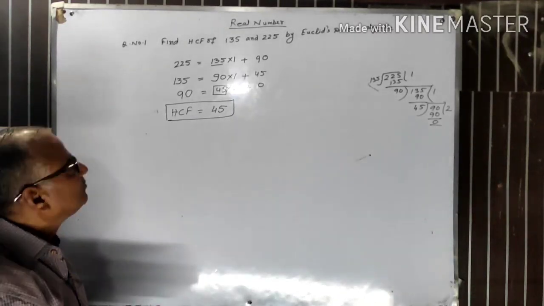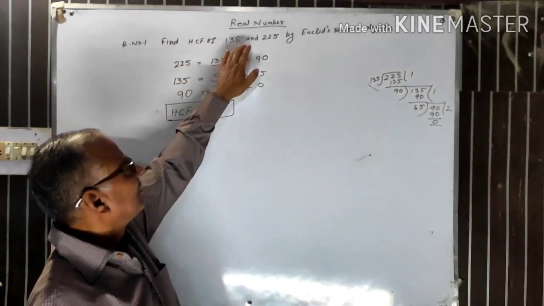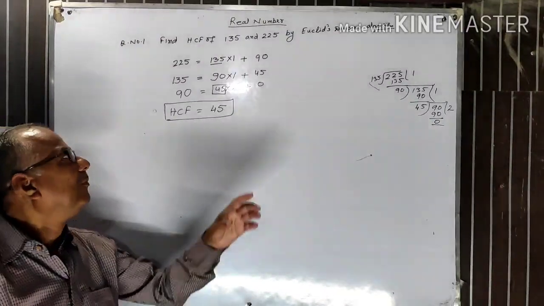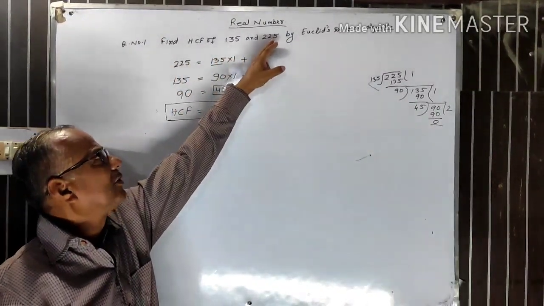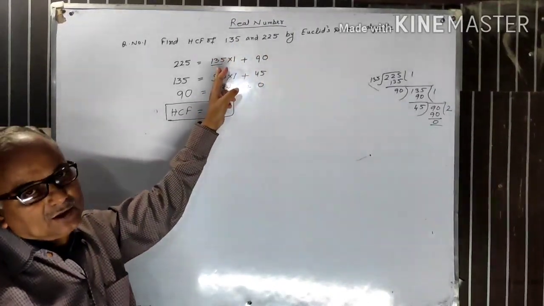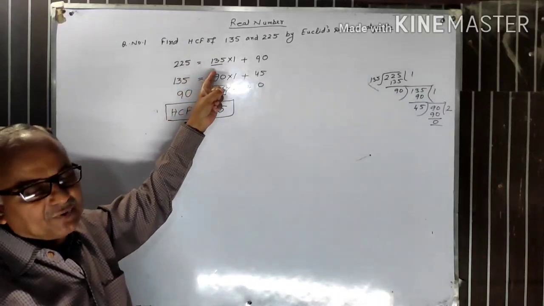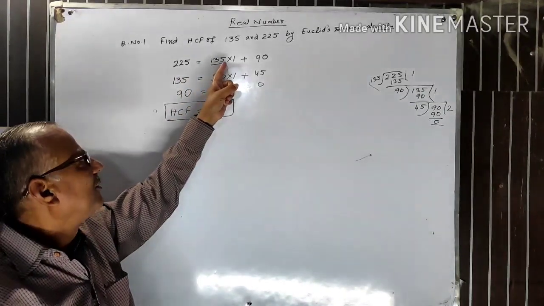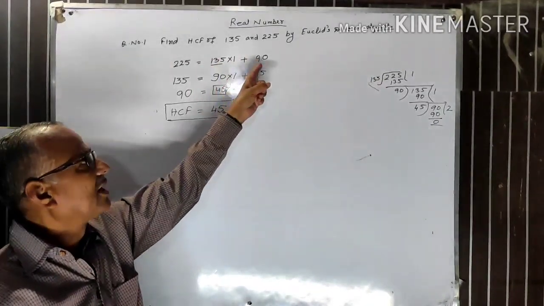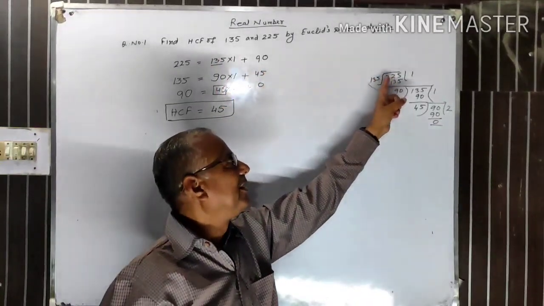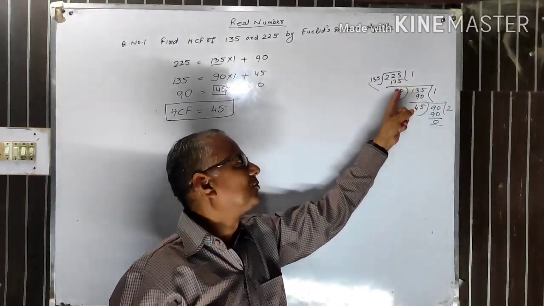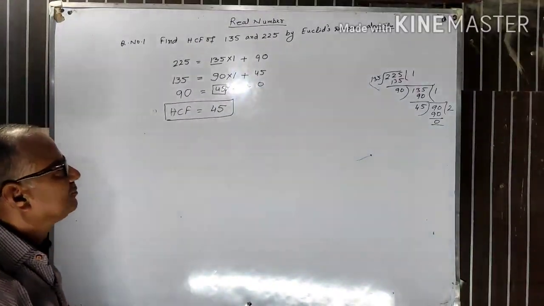Let us see once again, to find the HCF of 135 and 225 by Euclid's division algorithm. You divide 225 by 135: 225 is equal to 135 multiplied by 1 plus 90, quotient is 1 and remainder is 90.